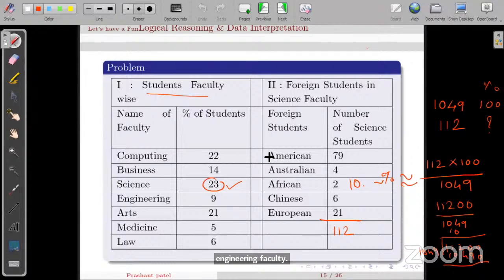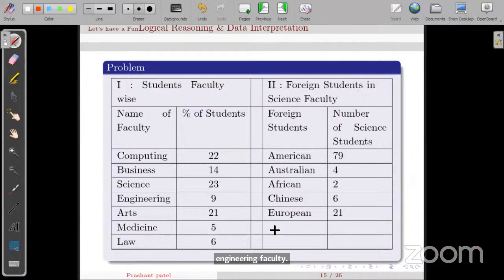So again, we go back to this table. Engineering faculty having this much.